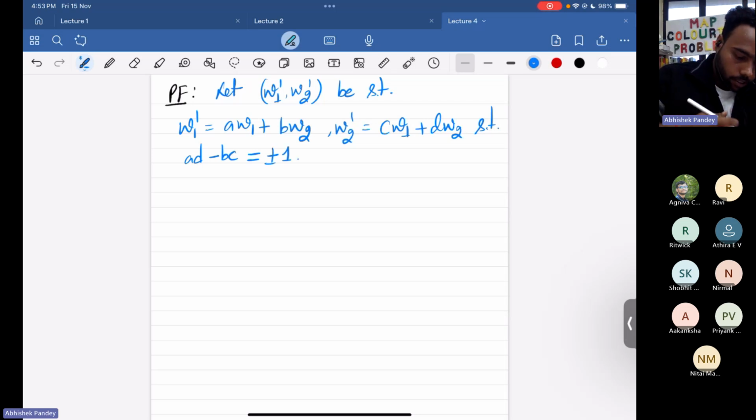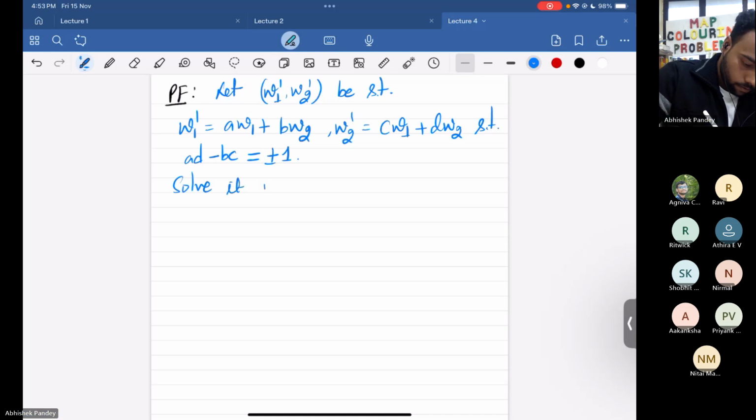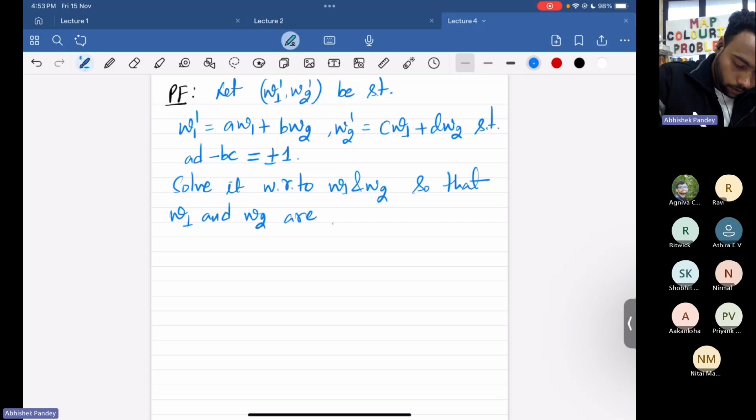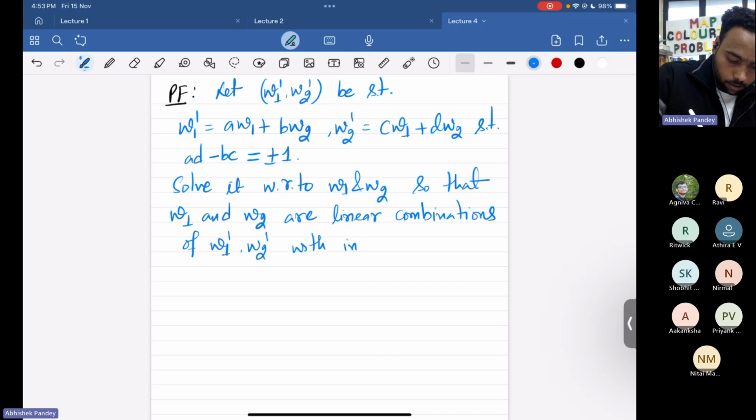So basically what we need to do now is solve with respect to W1 and W2 so that W1 and W2 are linear combinations of W1' and W2' with integer coefficients.